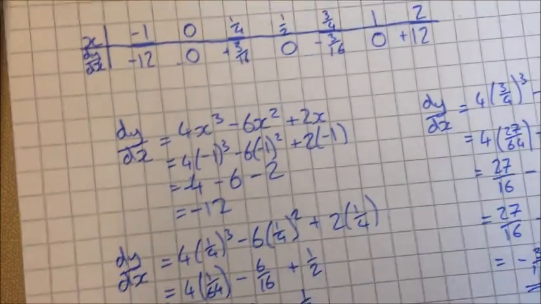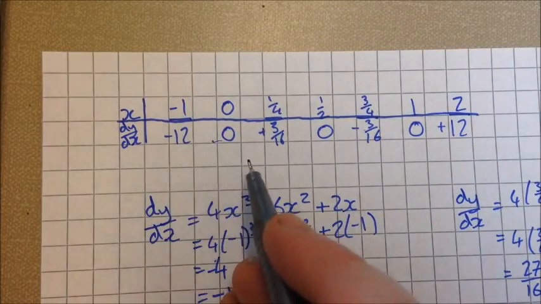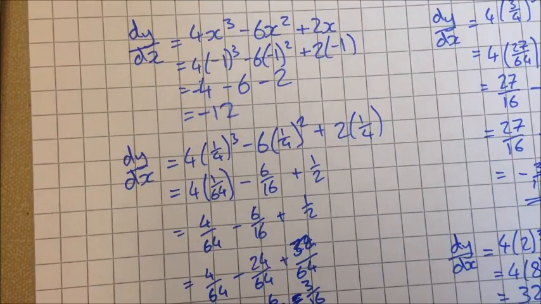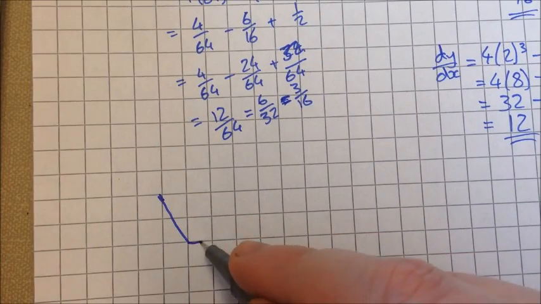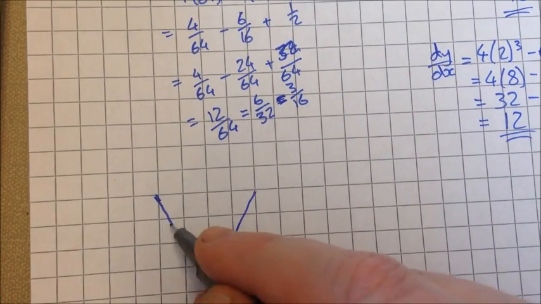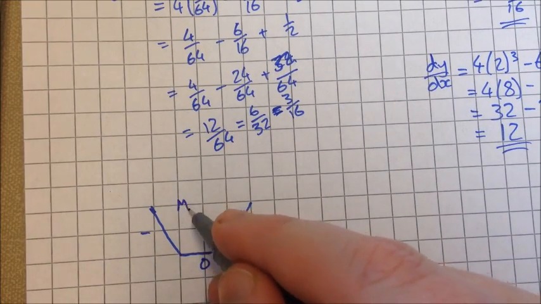So first of all, let's deal with these first three. Negative, 0, positive. Negative, 0, positive. So that is a minimum.